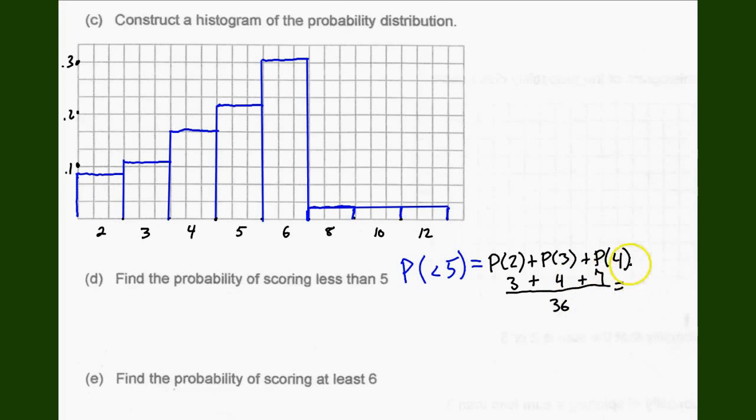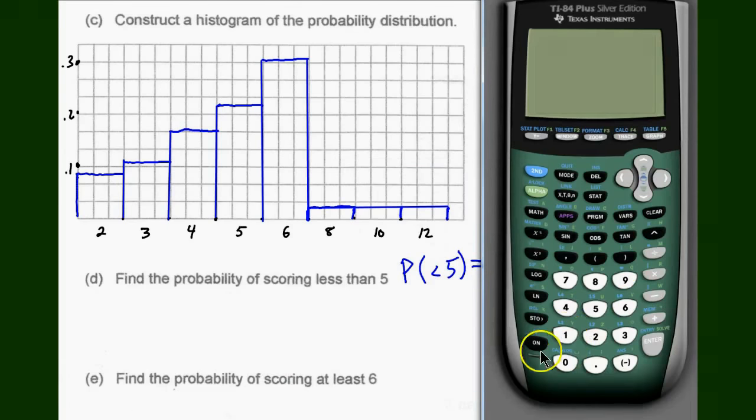Comes out to, let's see, 7 and 7 is 14. And then 14 divided by 36. And 0.389.